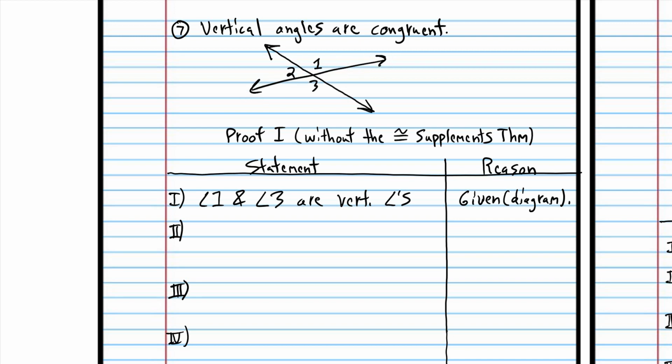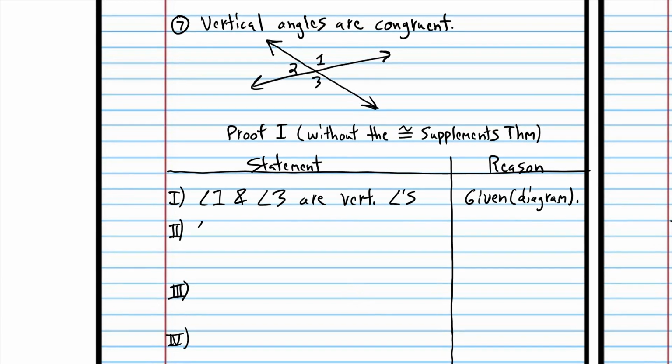That's just a fancy way of saying that these two angles, when you put them together, when you make them adjacent angles, they add up to 180 degrees. They make a straight angle. So this one plus this one make a straight line. So angle 1 and angle 2 form a linear pair.